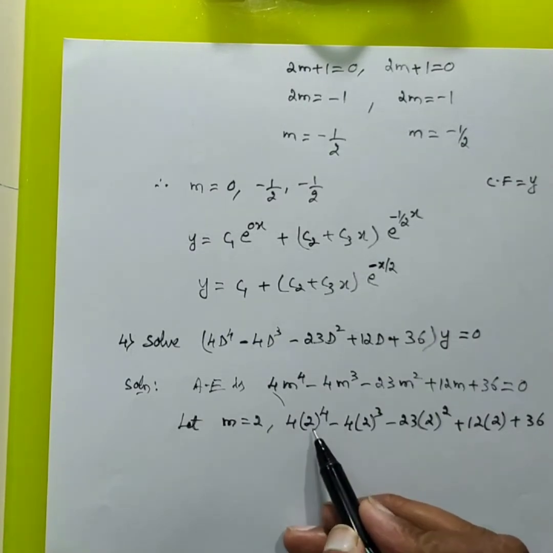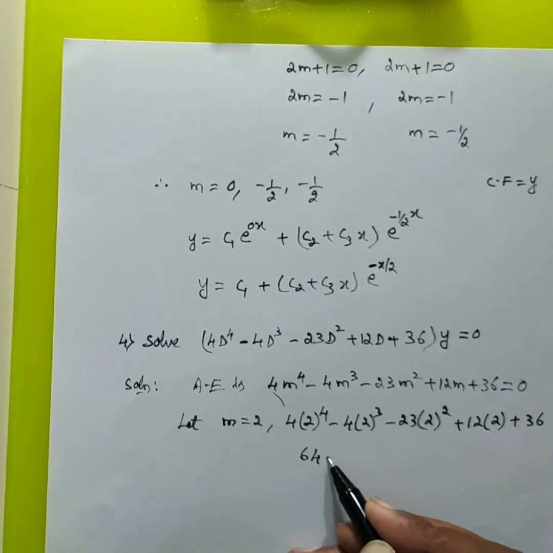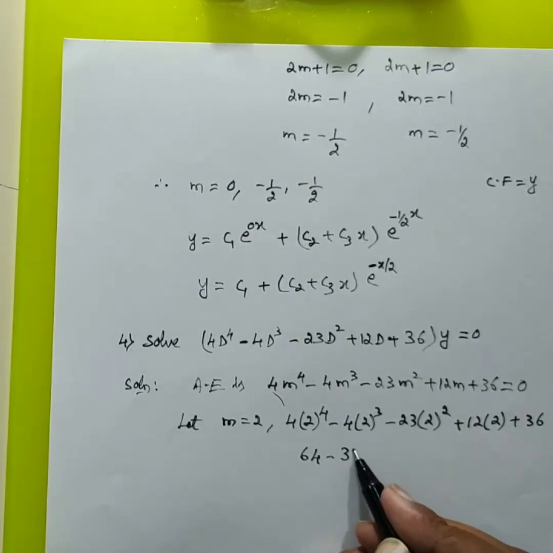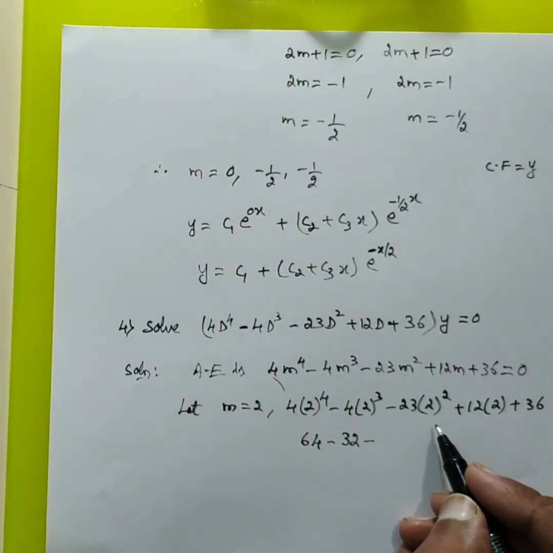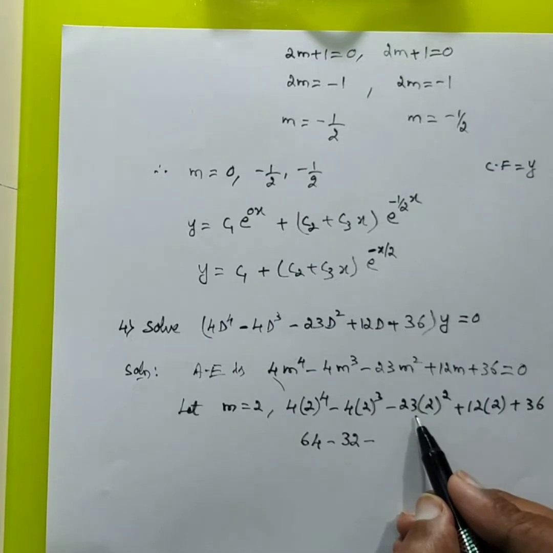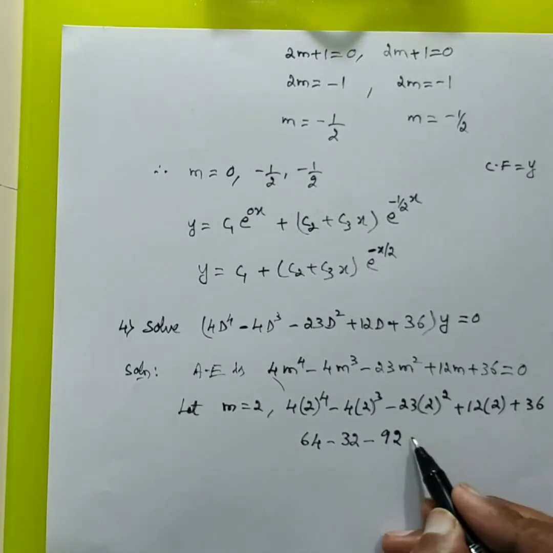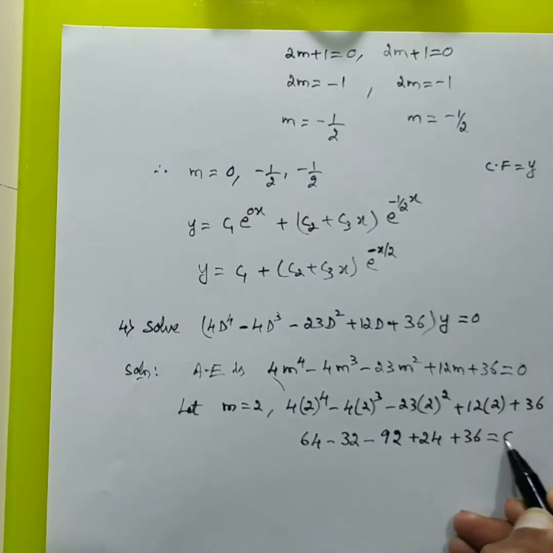2 power 4 will be 16, so 16 times 4 will be 64. Minus 2 cubed is 8, and 8 times 4 will be 32. Then 2 squared is 4, and 4 times 23 will be 92. Then 12 times 2 is 24, plus 36.